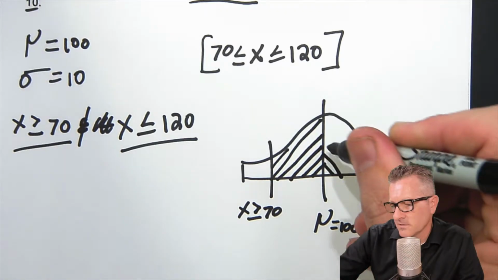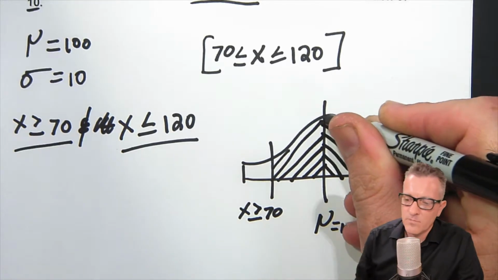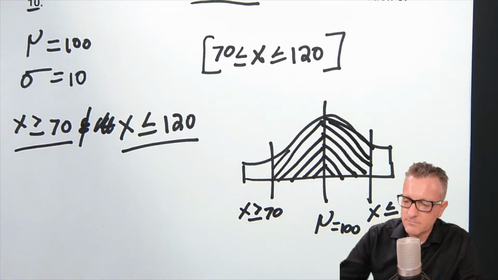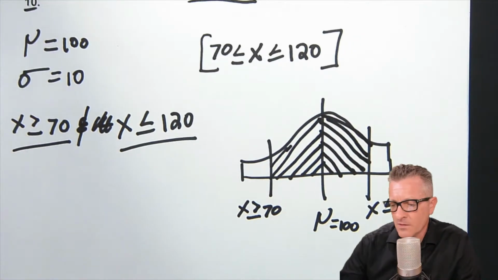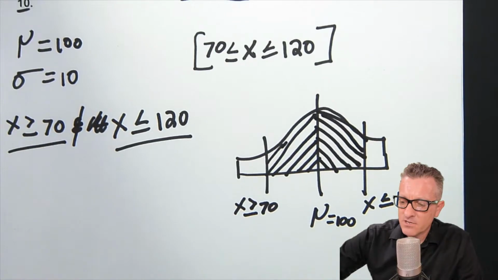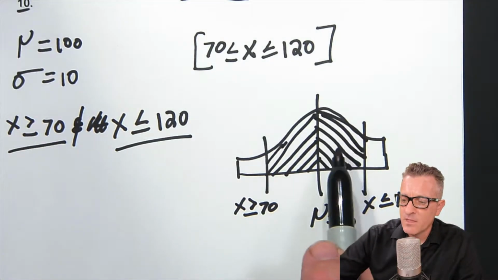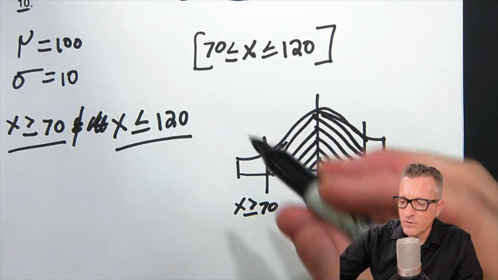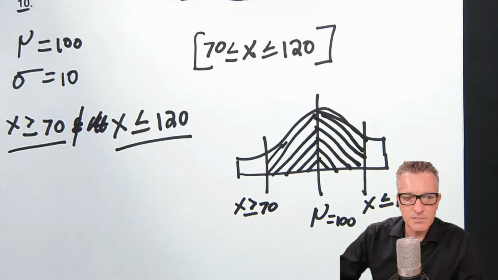But we're calling this our areas of interest. I'm not a very good artist, but that'll work. So we know that we want to solve for both of these middle portions, and we do not want to solve for the tails. Okay, so now we'll get started.